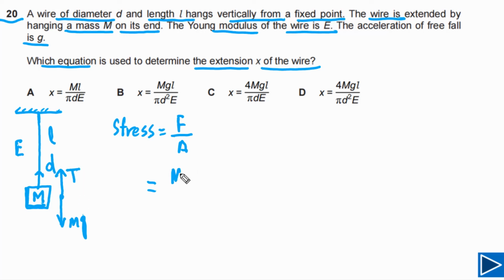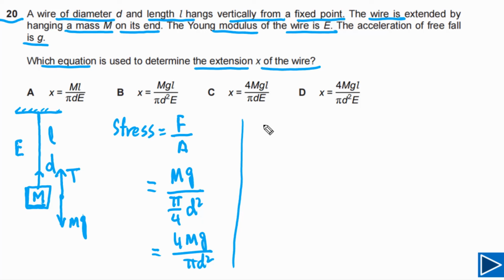So simply we can write that stress is mg divided by the cross-sectional area of the material. As this wire is a solid wire, the cross-sectional area is pi by 4 d squared. Now if we simplify this, stress is equal to 4 mg divided by pi d squared.